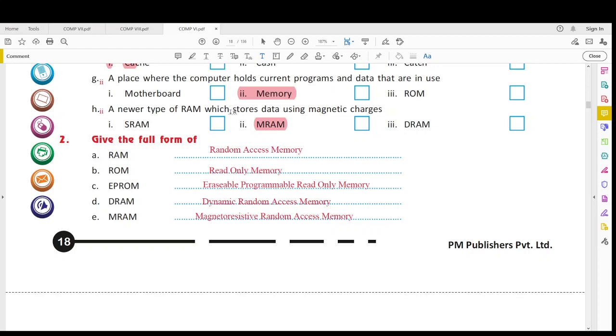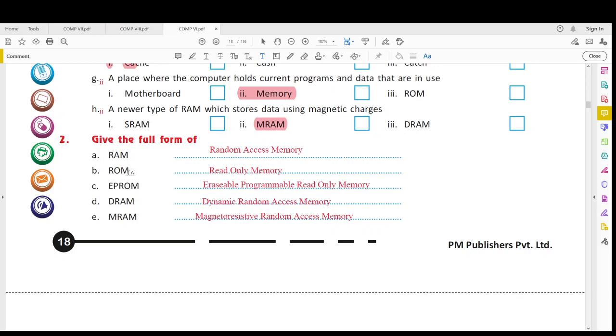Next, give the full form of the following. RAM is random access memory. ROM is the read-only memory. The two types of memory that are there in the category of a primary memory are RAM and ROM.